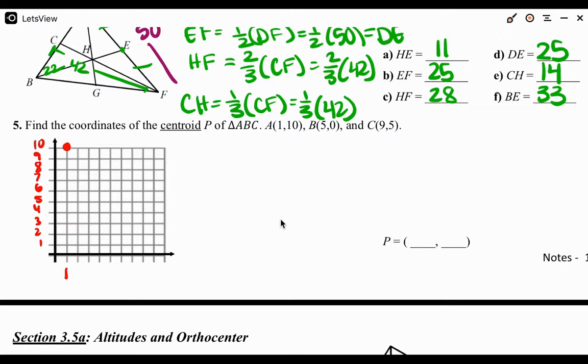So right here is A. B is at 5, 0. So right here, this is B. And C is at 9, 5.